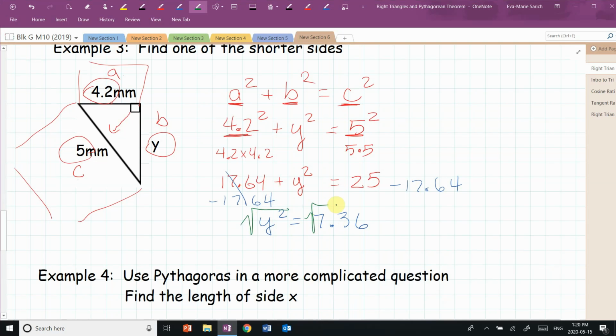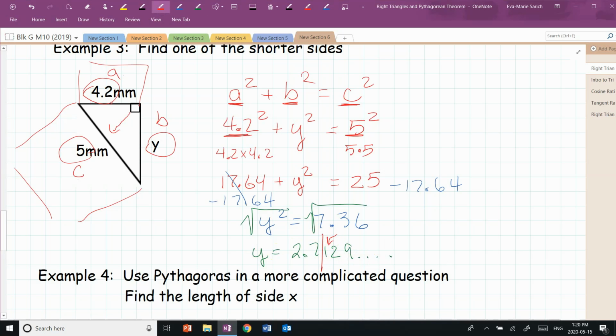So take the square root of the other side. And now the square root of 7.36, according to my calculator, y is going to equal 2.7129. It's going to keep going. I need to cut it off here at 1 decimal place.